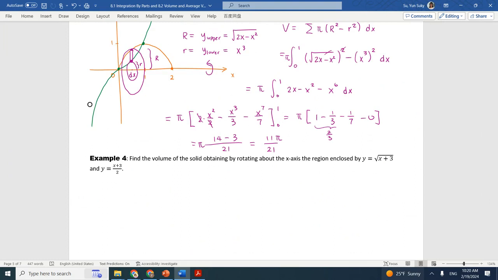Like here, what is the smallest x? If you plug in 1, you get the square root of 4, which is 2. If x is minus 3, yes, it's the smallest x.